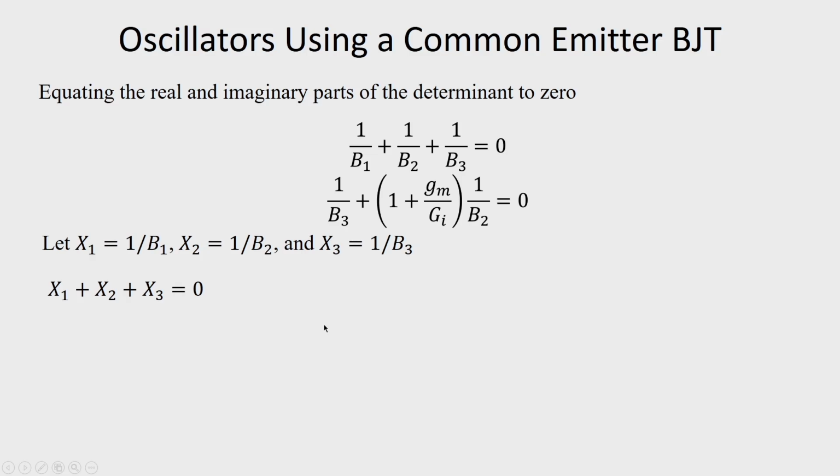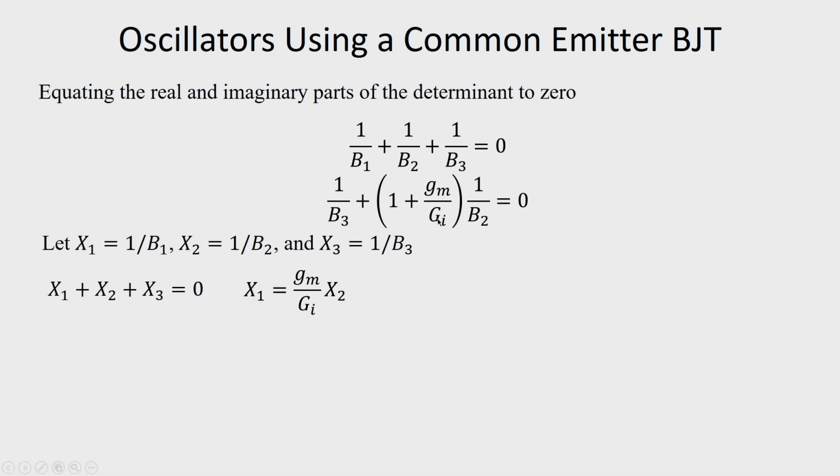Now, if we substitute x1 is equal to 1/B1, x2 is equal to 1/B2 and x3 is equal to 1/B3, we have x1 + x2 + x3 equal to 0.